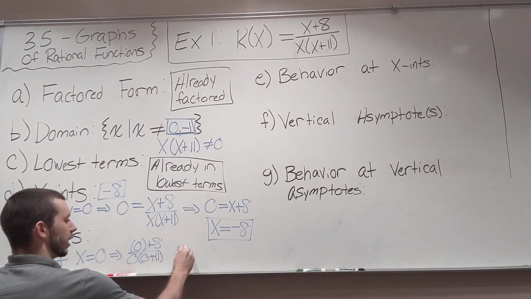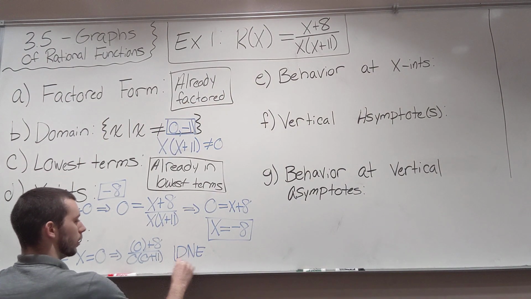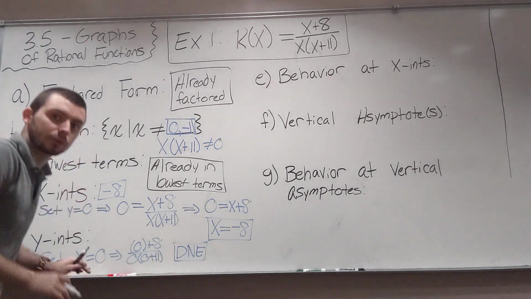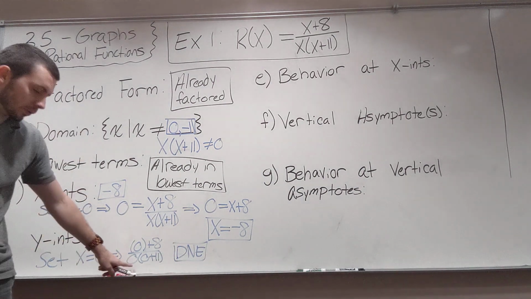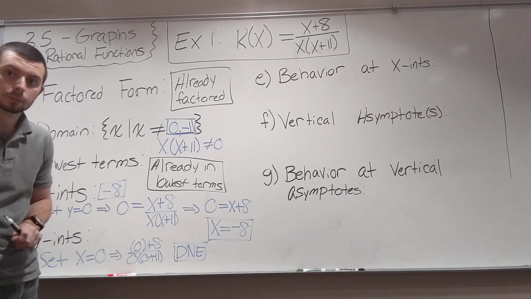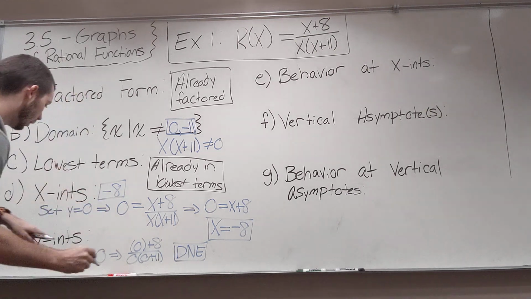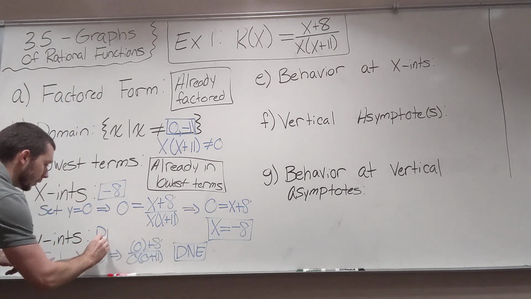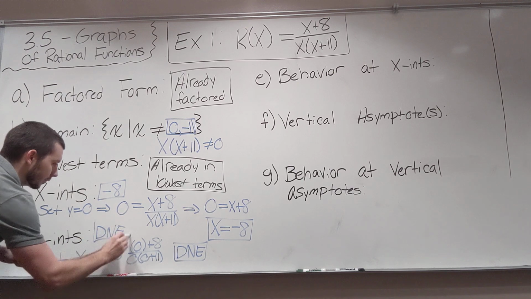So here we get does not exist for the y-intercept because we would end up dividing by 0, and that can't happen, of course. So your conclusion for the y-intercept is does not exist.